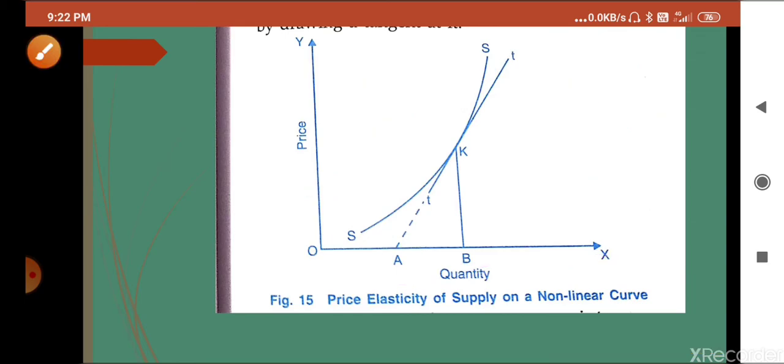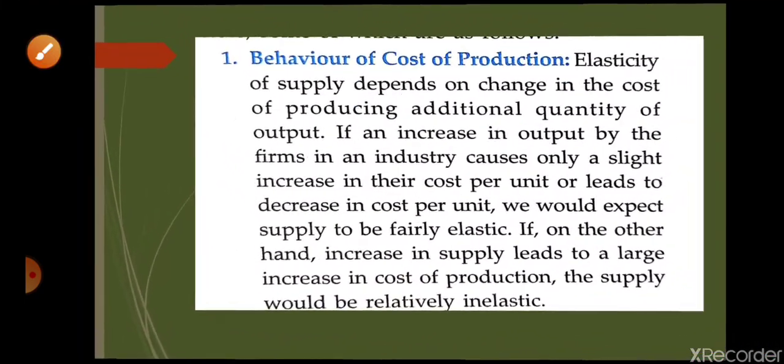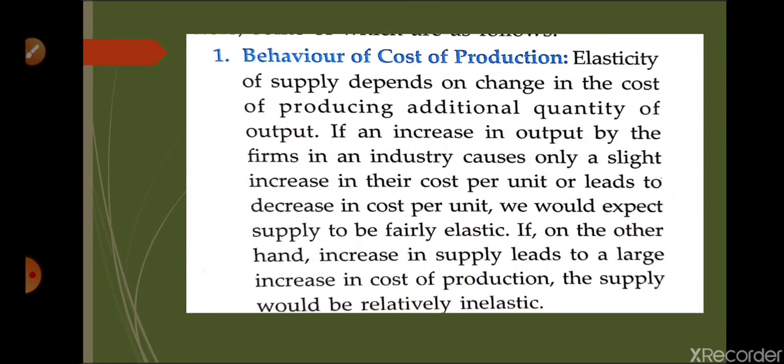So now we are going to discuss the next topic, the determinants of elasticity of supply. The first topic we are going to discuss is the behavior of cost of production.